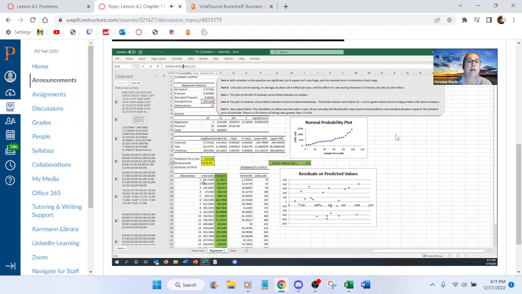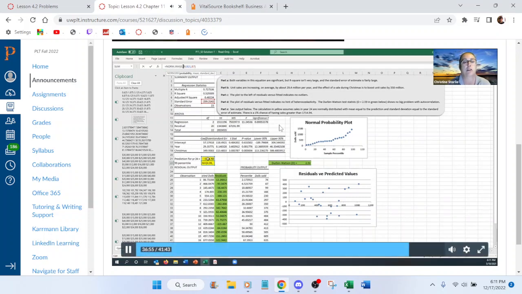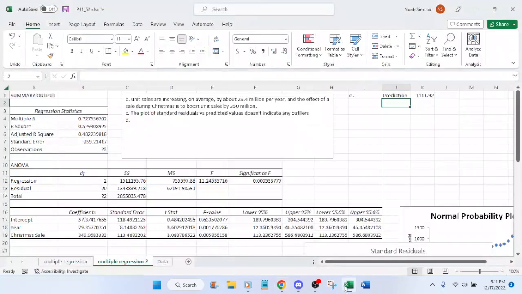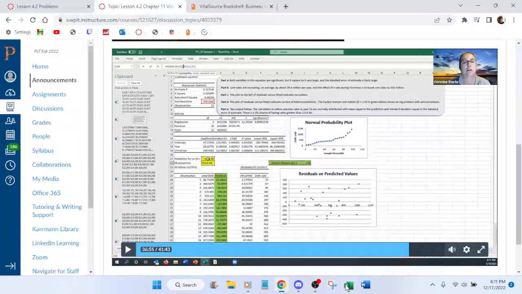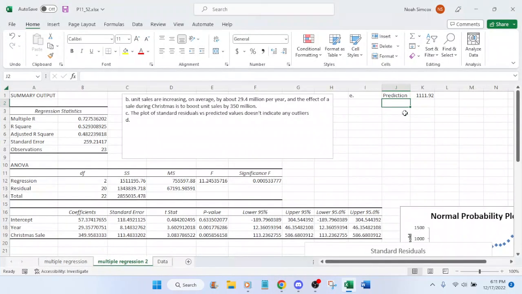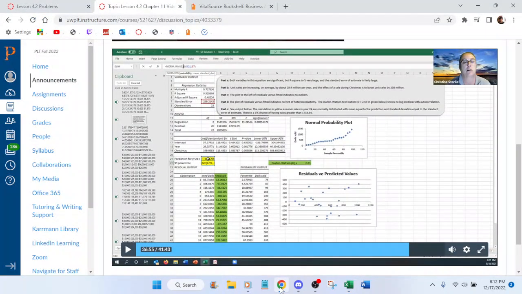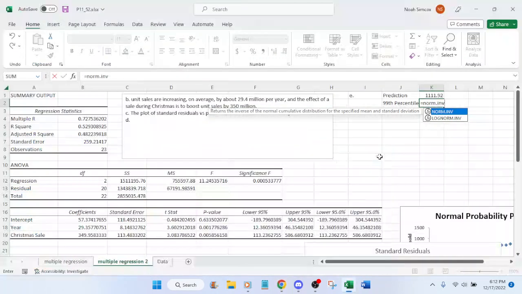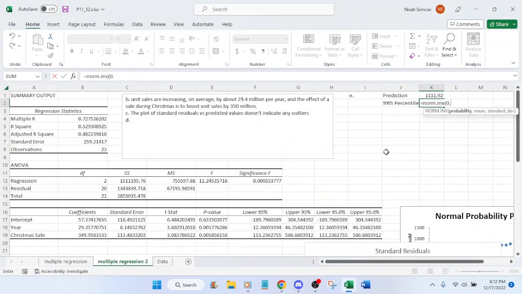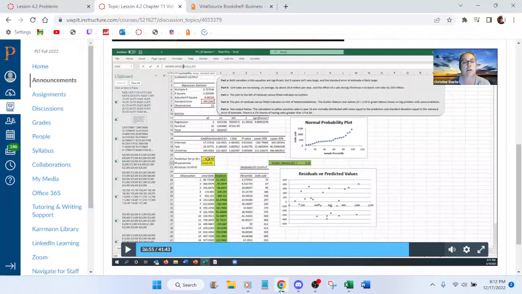Okay. So NORM.INV of the 99th percentile, our prediction. Equals NORM.INV, 0.99. And what do we put for mean? B21 is the prediction.